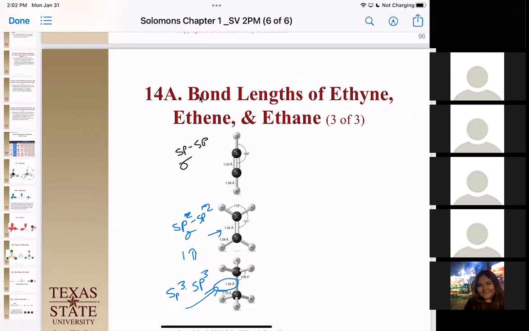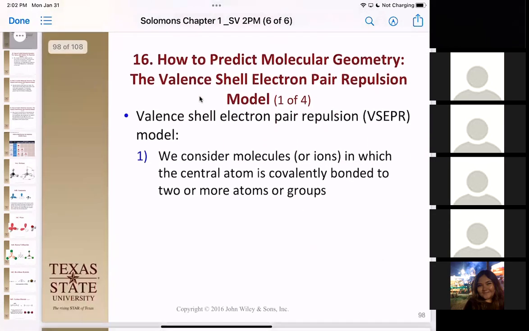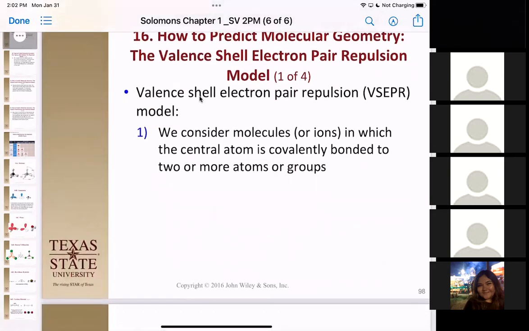Okay, now that's the bonds themselves. So let's talk a little bit more about that with how we can predict the shape of the entire molecule using these same hybridization principles. But we have to take into account our Lewis dot structures, specifically where we're having lone pairs. Lone pairs are going to control our geometric shape, and they're going to help us show where our molecular or electronic zones are.